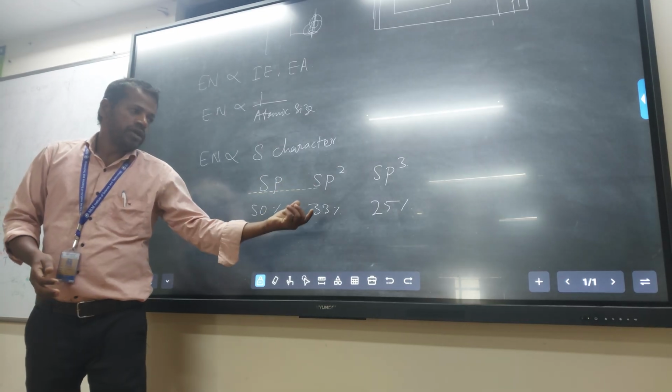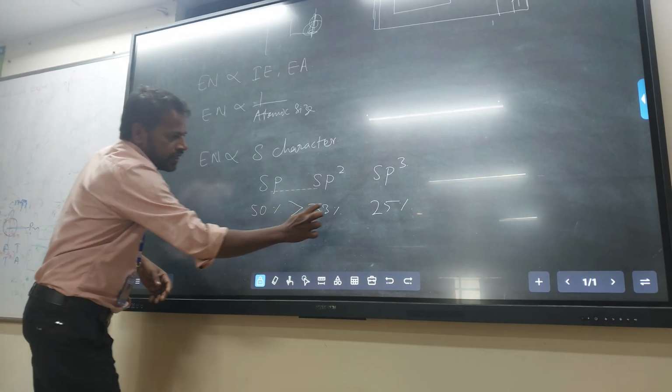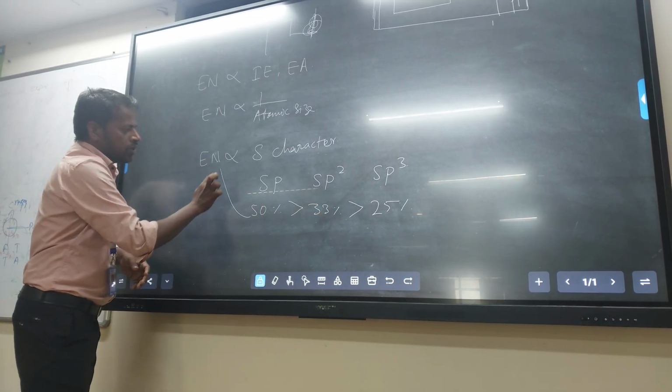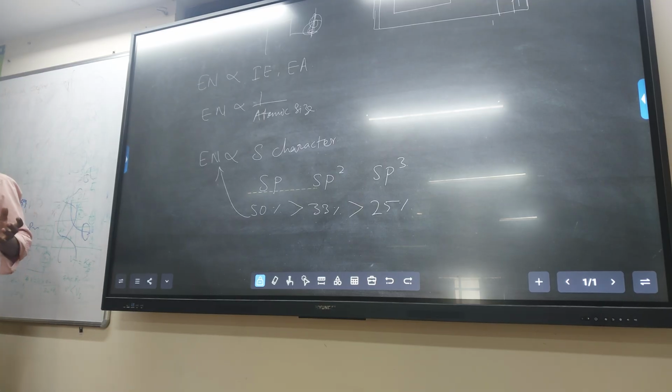Similarly, sp2 is nearly 33%. So here it is more than this one. Therefore, this has more electronegativity. That is the meaning of s character. S character increasing, electronegativity also increasing. Okay. Any doubt?